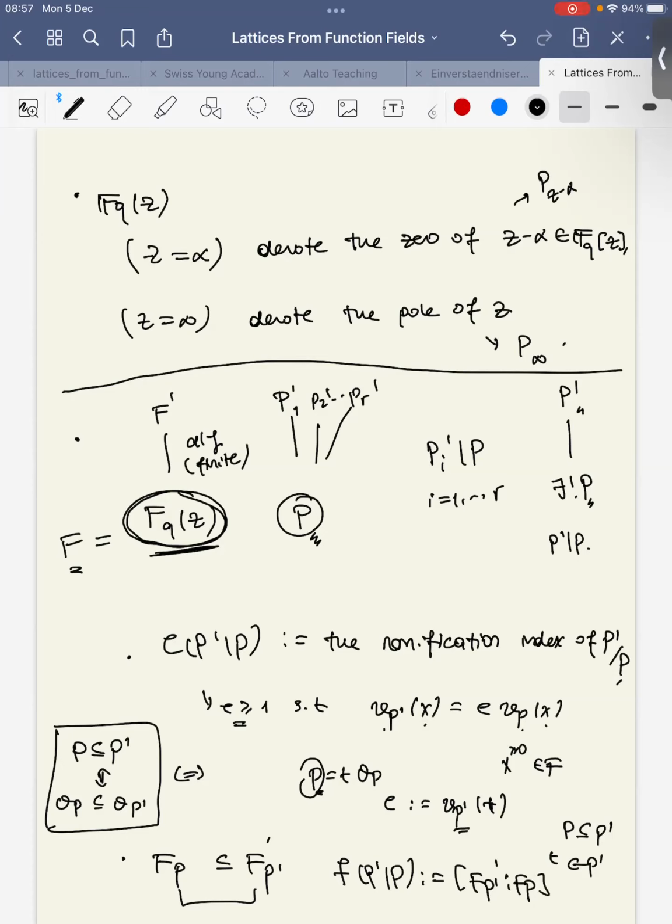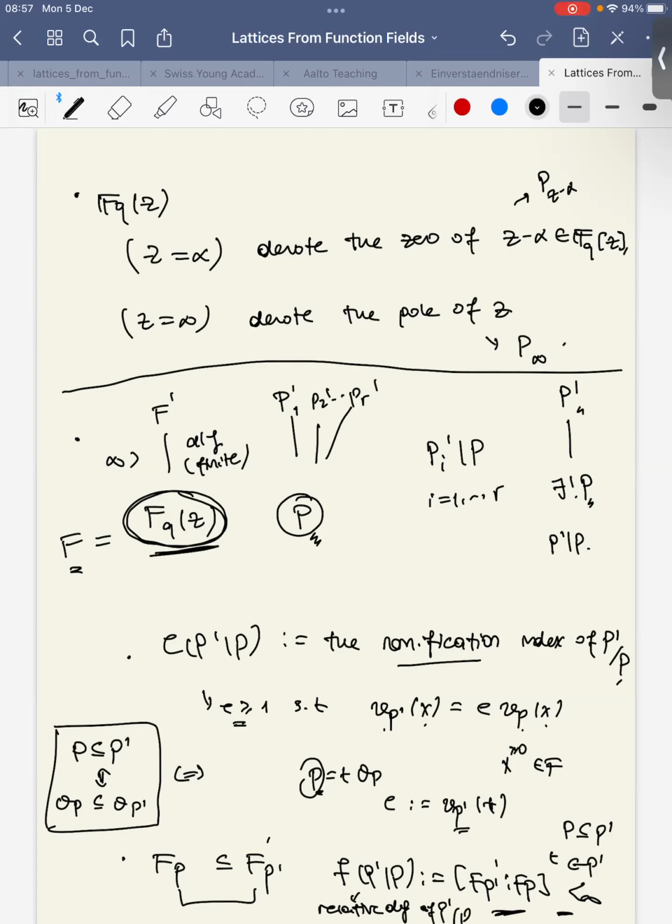And we have seen that if we have a finite extension, this quantity will be finite, but we can't conclude this bound always. It can also be infinity, but we will be in the finite case. This is the ramification index, and this is the relative degree of P prime over P.